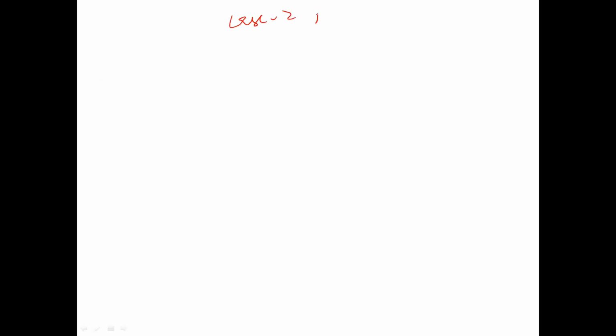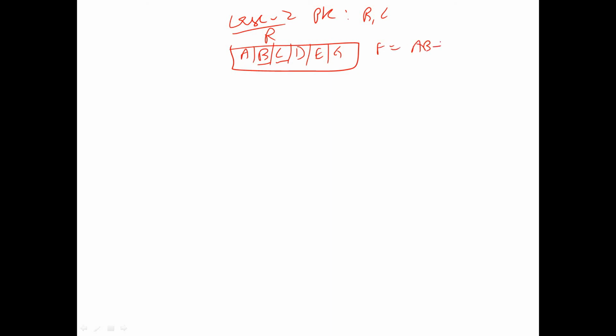Case 2, let the primary key be BC. So here I have R with A, B, C, D, E, G. BC is my primary key. My functional dependencies are given as AB to CD, BC to AD.